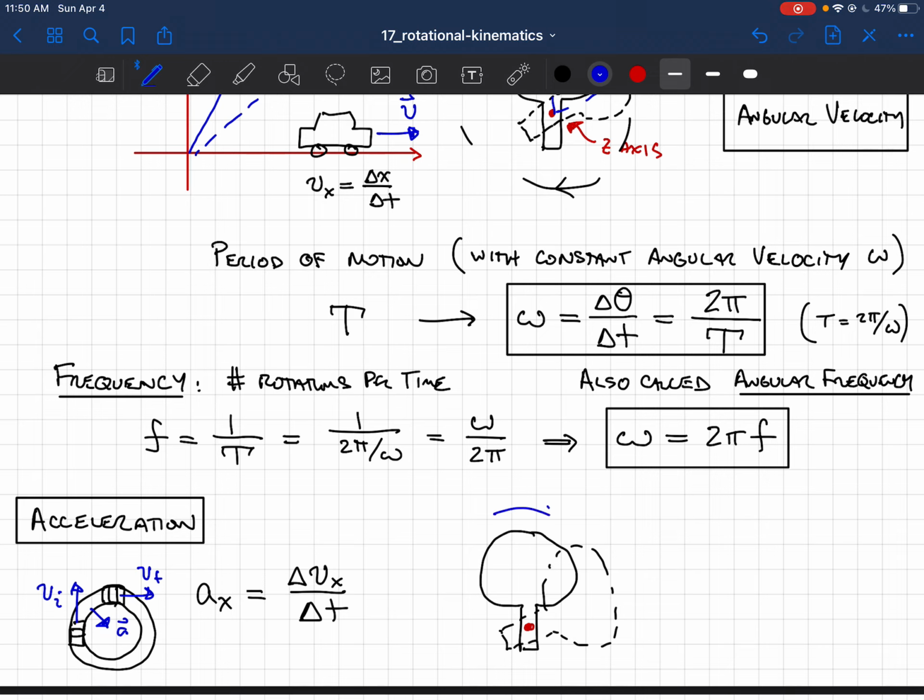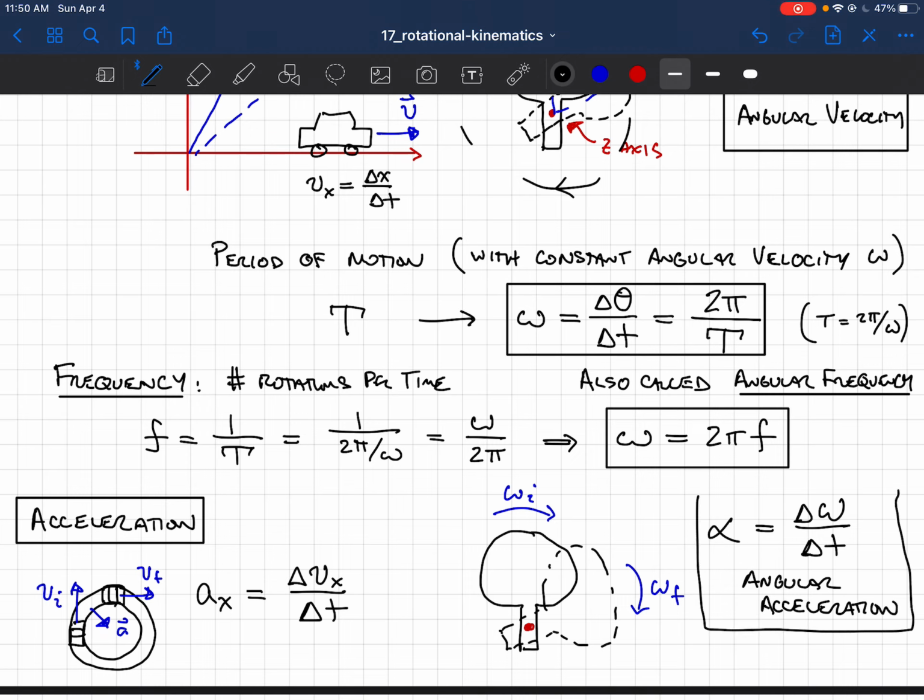So we need to look at the initial angular velocity and the final angular velocity between two moments in time. So what is that? Well, that will be delta omega over delta t. That's final minus initial. And we have a name for that, which is alpha. And this is called the angular acceleration.